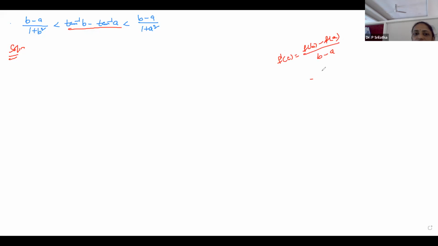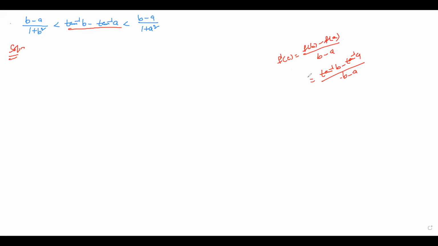Okay, so now which will be in the form of tan inverse b minus tan inverse a by something. Maybe that is b minus a, because both sides we are having b minus a, right? Then tell me what is our function? What is f of x? Tan inverse x. Yes, very good.